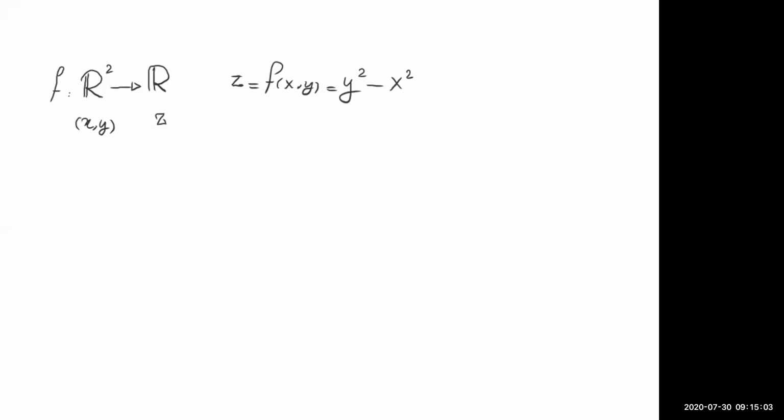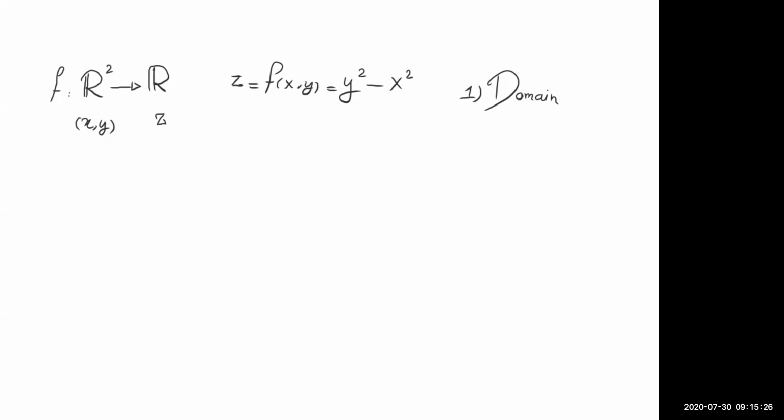Okay. So we want to study this function. Again, what is the first step in order to study a function? The first step is to see what its domain is. Well, there is no restriction on x and y. f is defined for any x and for any y.